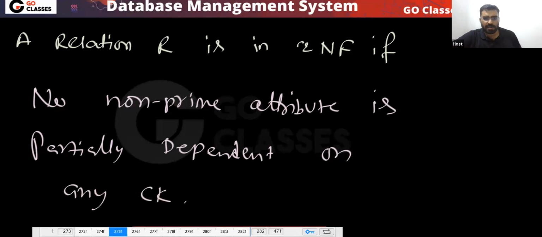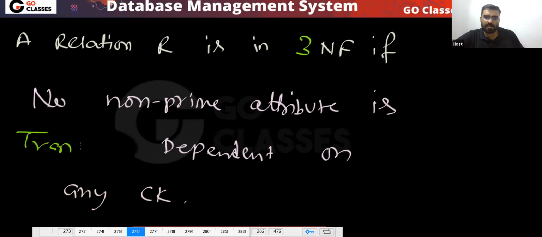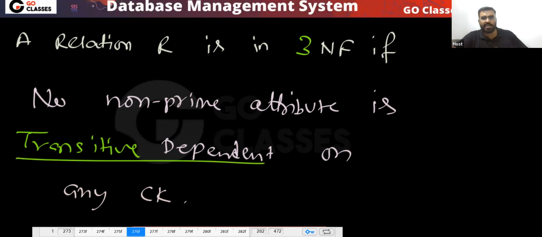Now the same definition for 3NF: this partial will be replaced by transitive. That's it, this is the only change. A relation is in 3NF if no non-prime attribute is transitively dependent on any key.